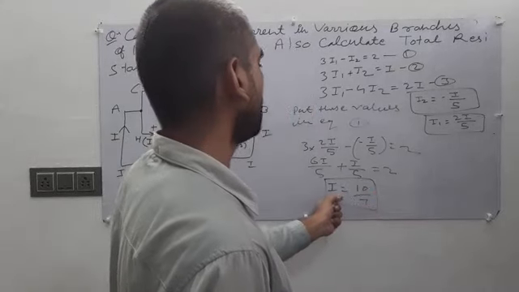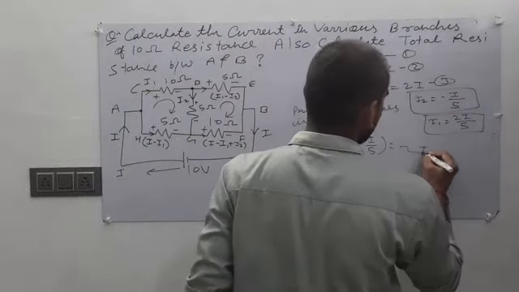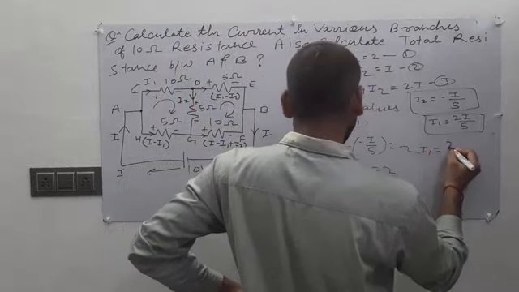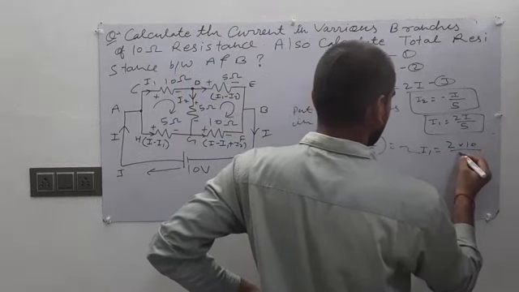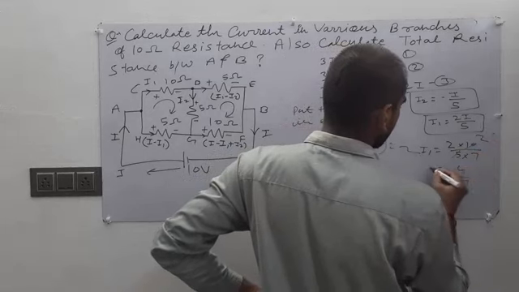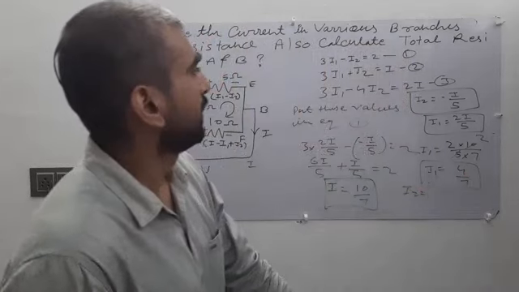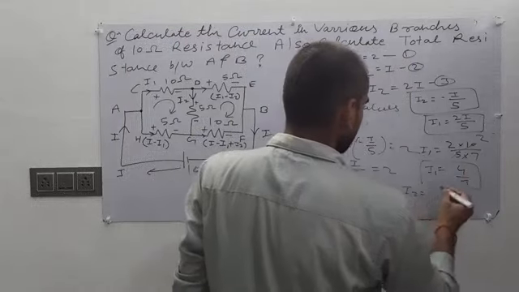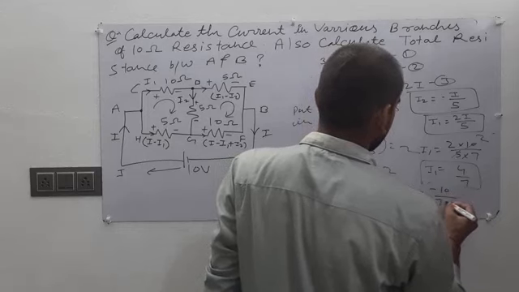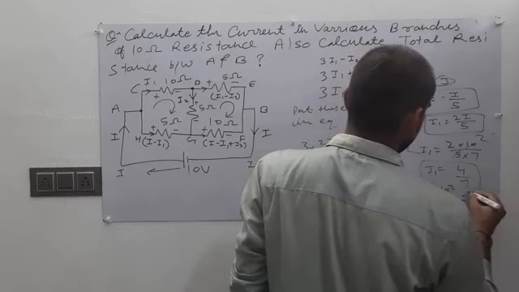When you put the value of I in these two equations, you will find the values of I1 and I2. The value of I1 is 2 into 10 upon 5 into 7, which is 4 upon 7. The value of I2 is minus I upon 5, that means minus 10 upon 7 into 5, which is minus 2 upon 7.